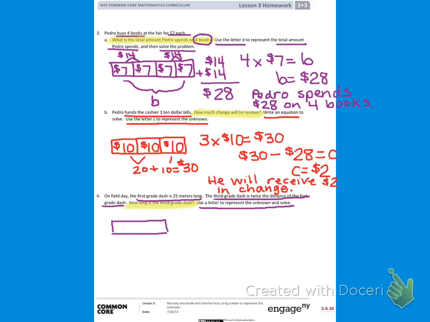If the first grade dash is 25 meters long and the third grade dash is twice that amount, twice means 2. So I will make 2 sections in this tape diagram. In the first section, I'll put 25 meters with a little m to stand for meters. And that's for the first grade dash.